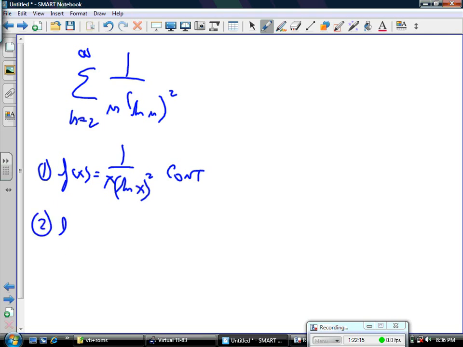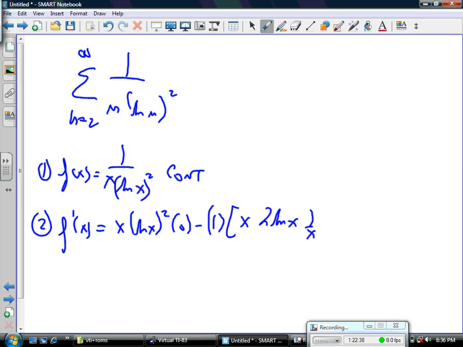Second, is the derivative always negative on that domain? Well, what's f prime? Low d high minus high d low. Now, d low is a product rule: first times the derivative of the second, chain rule, plus the second times the derivative of the first.